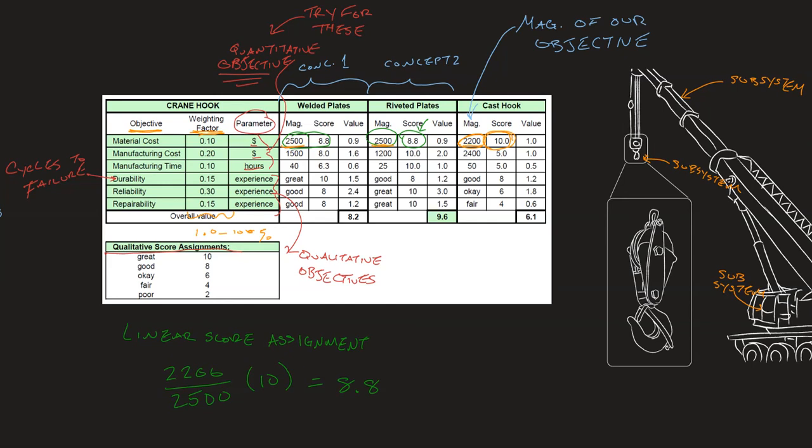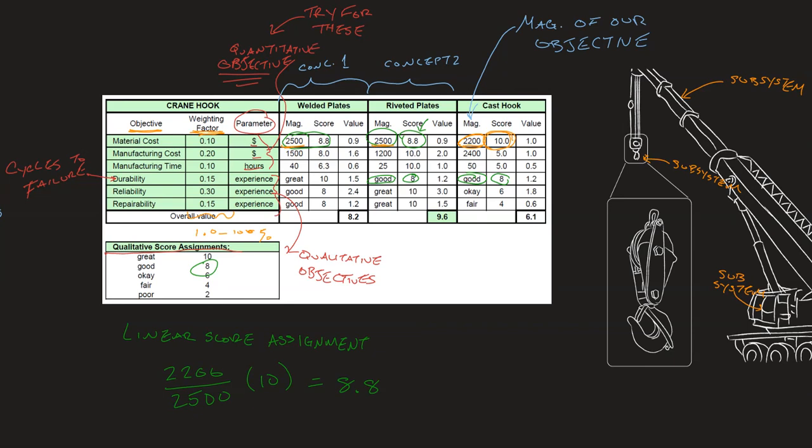For assessing our scores for my qualitative options, down here, I have my score assessment table. So we can see that my good option for my cast hook got a score of 8. That is the same 8 that I have over here in my assignment table. We will notice that everywhere else that there is a good, it also receives a score of 8.